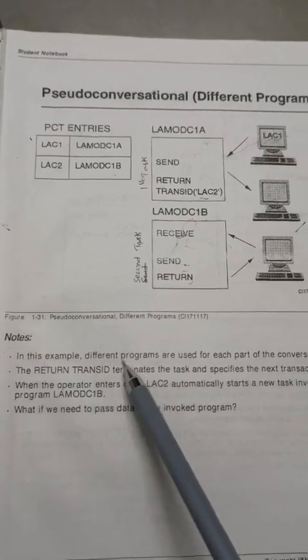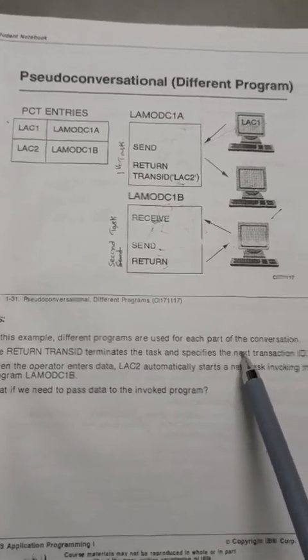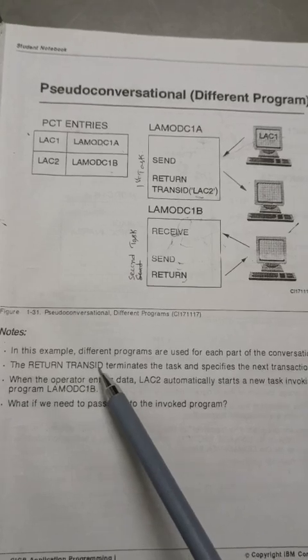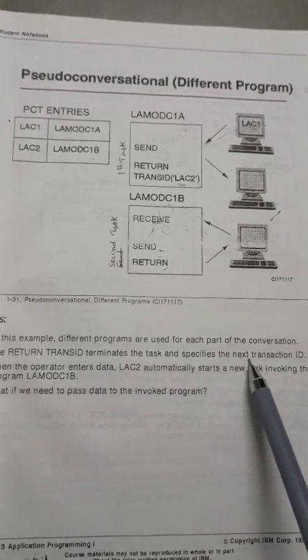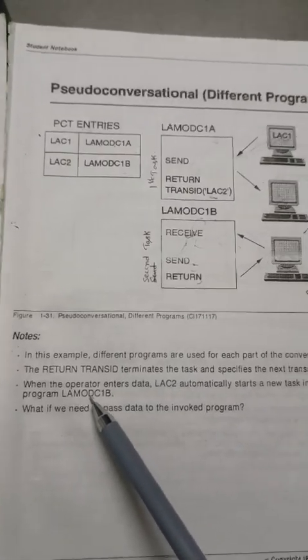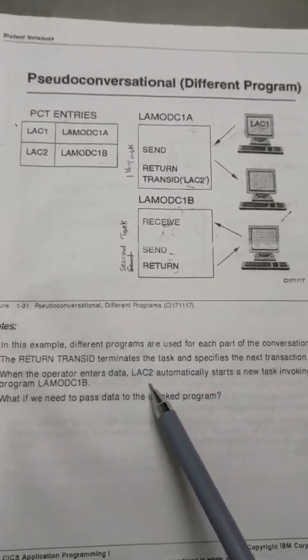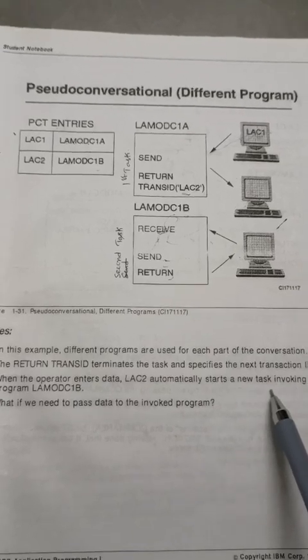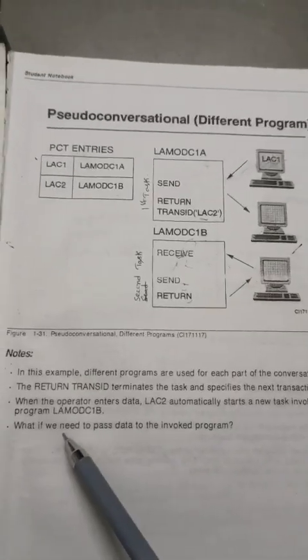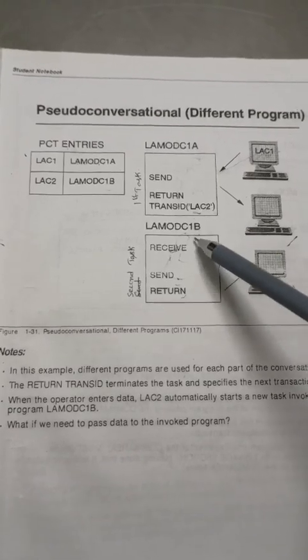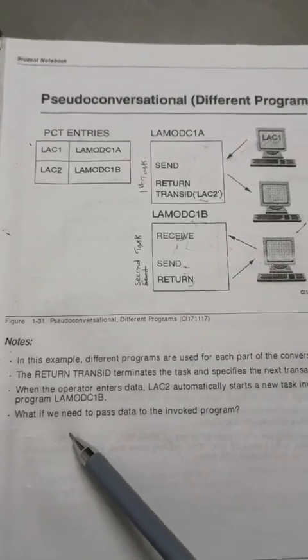You can see in this example that different programs are used in each part of the conversation. What is meant by return transaction ID? It terminates the task and specifies the next transaction ID. Whenever the operator enters data like LAC2, it automatically starts a new task invoking the 1B program; the new transaction ID invokes the 1B program.